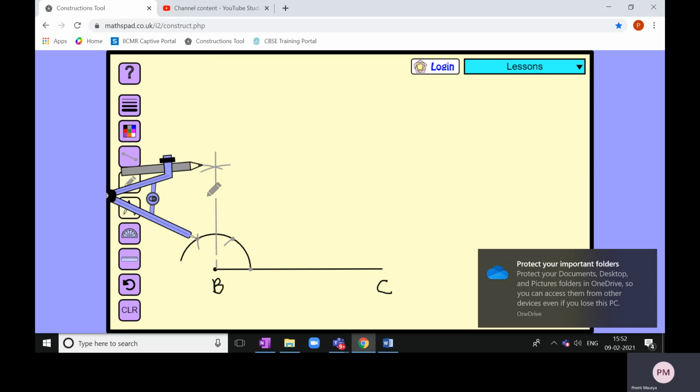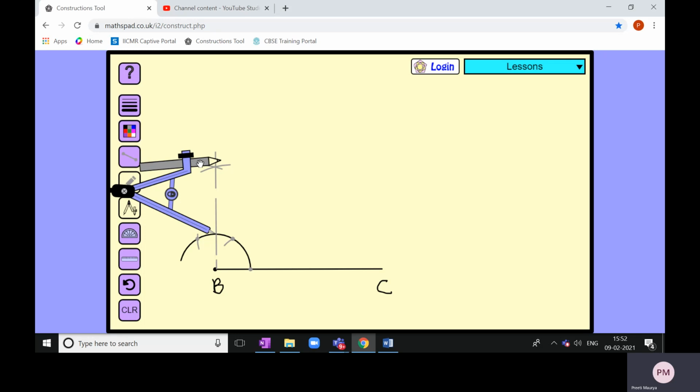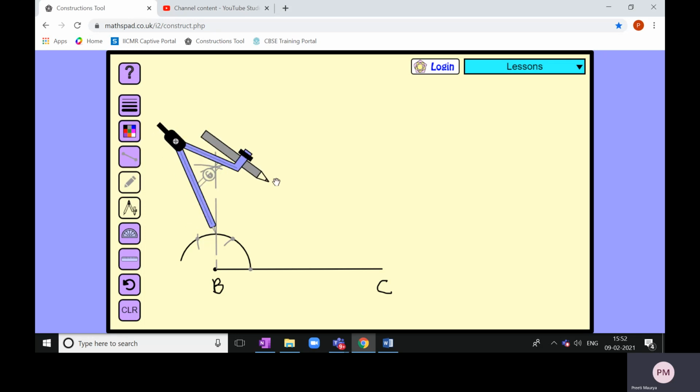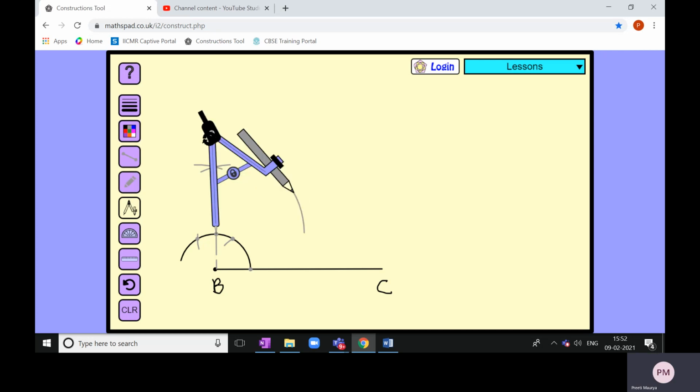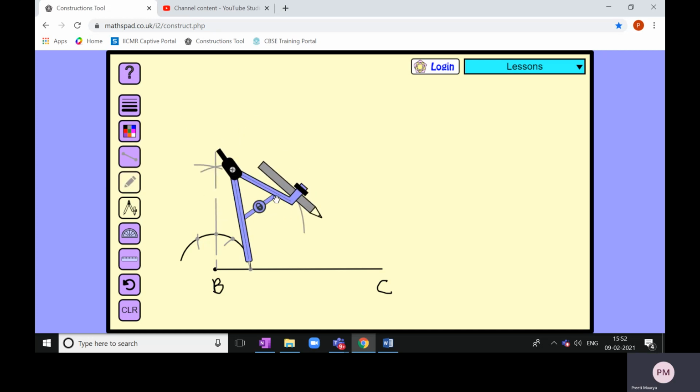So let's do that. With center at this point, 90 degrees, and any suitable radius. Children, you can take any suitable radius. So I'm taking a radius equal to this, and we draw an arc over here with this same radius. We cut the previous arc.